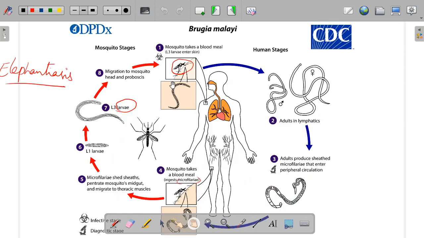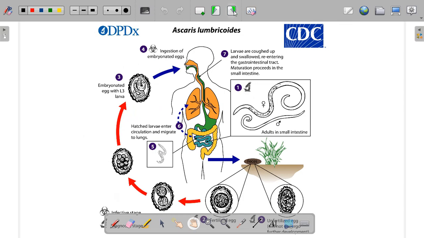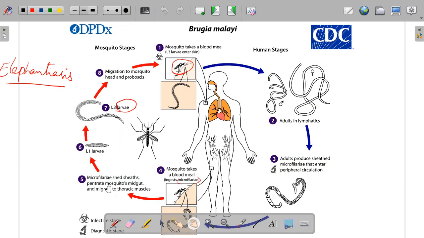These organisms infect the lymph nodes. The lymph nodes are scattered all across the body. They attack the lymph nodes, especially of the limbs, meaning hands and legs. Not only that, other organs also get affected.